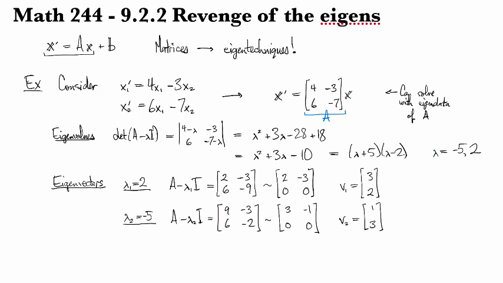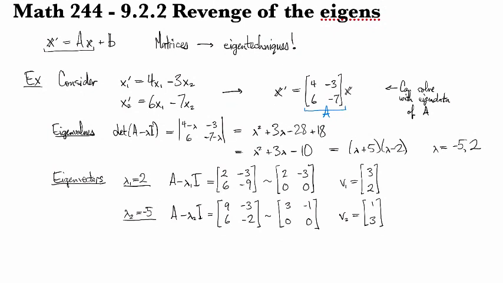Okay, so now I've found lambda 1 equal 2 and v1 equal 3, 2. And I also found lambda 2 equal to minus 5 and v2 equal to 1, 3.